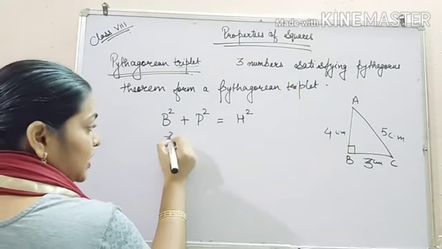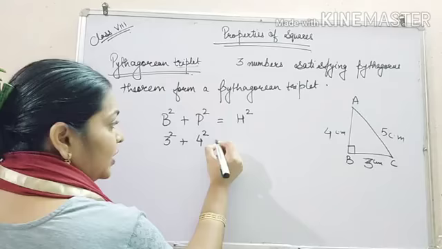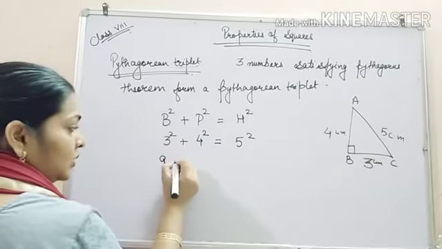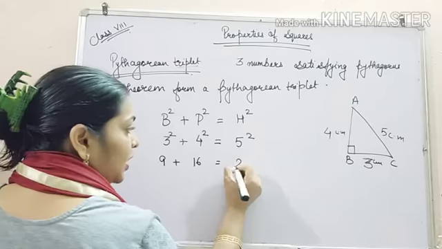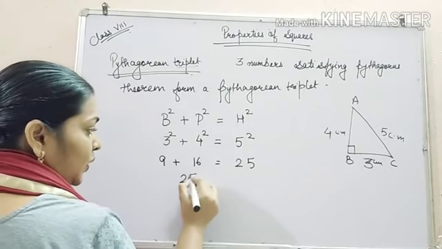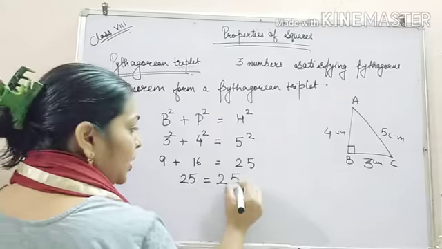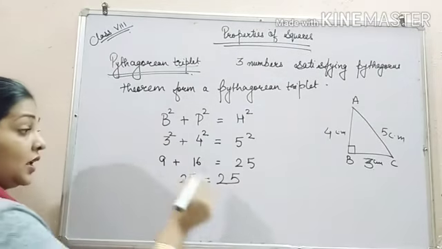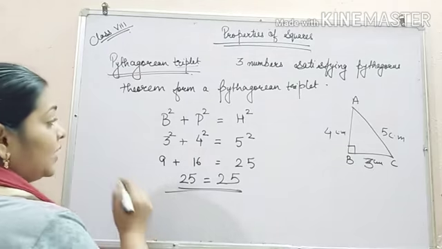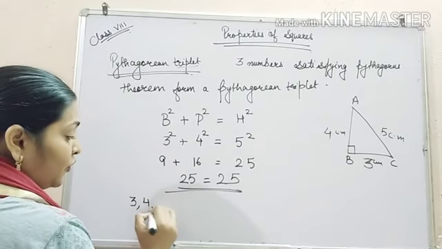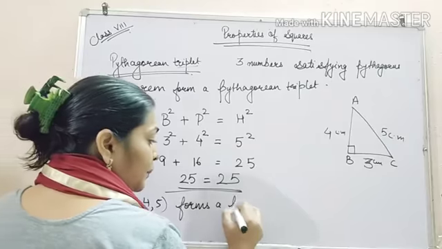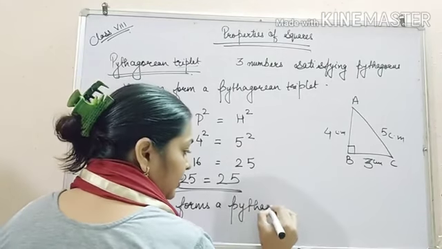Base square 3 square plus 4 square is equal to 5 square. 3 3s are 9, 4 4s are 16, 5 5s are 25. So 16 plus 9, 25 is equal to 25. The condition is satisfied. That's why the numbers 3, 4, 5 form a Pythagorean triplet.